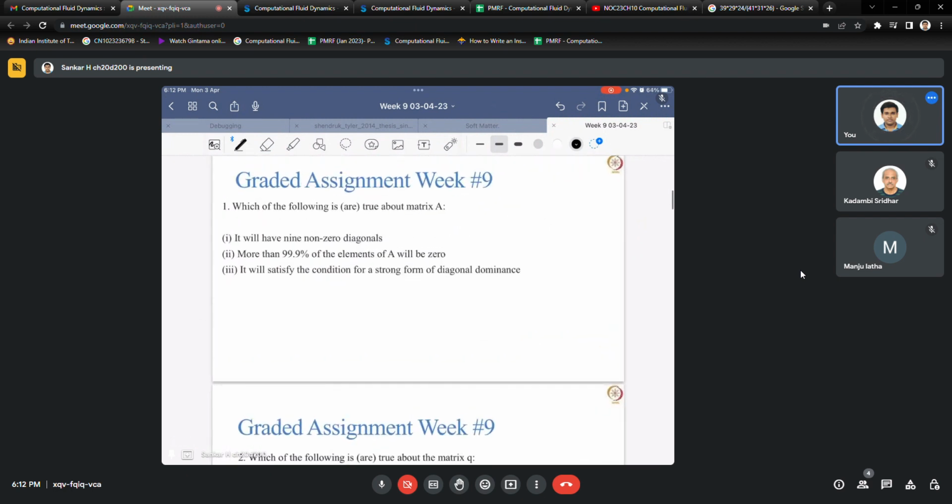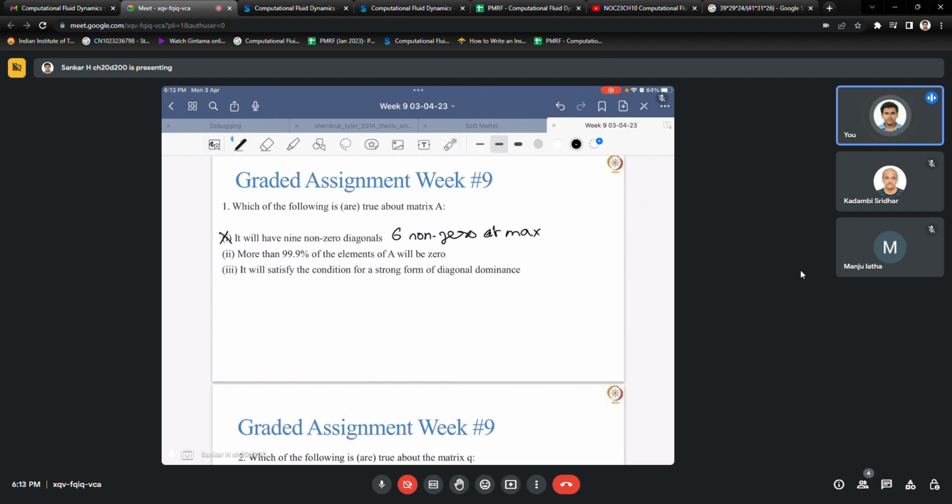When we solve such an equation, we'll see that we do not have 9 non-zero diagonals. We saw that it was in fact 6 non-zero diagonals at max, and therefore this statement is invalid.